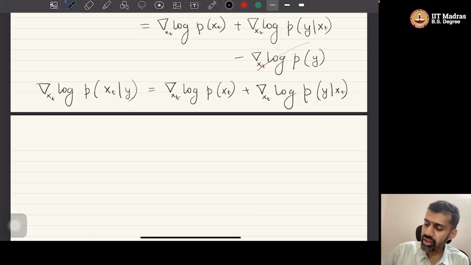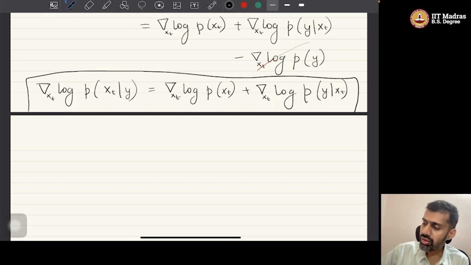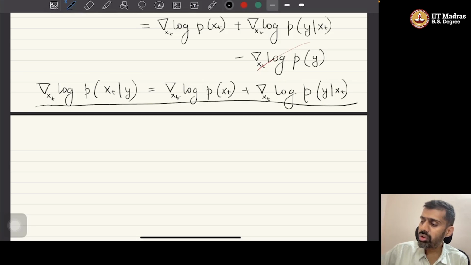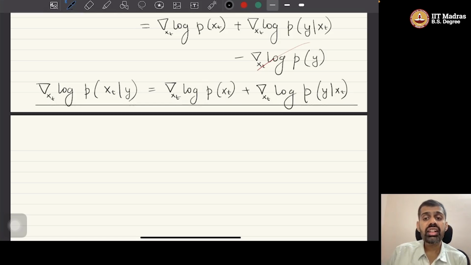What did we do? We just represented the conditional score that we would want to estimate while doing the conditional generation as the sum of the unconditional score and another gradient term of log of p of y given xt with respect to xt. So now how do we modify?